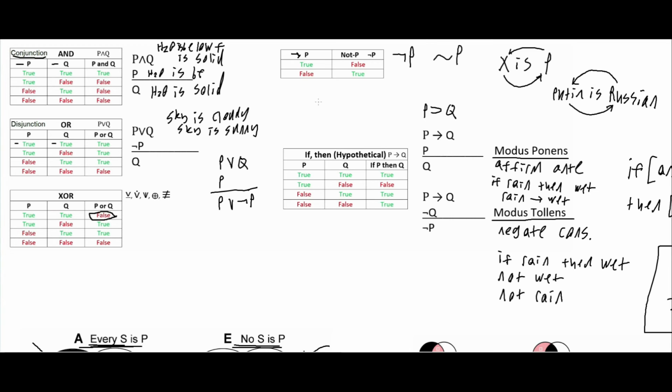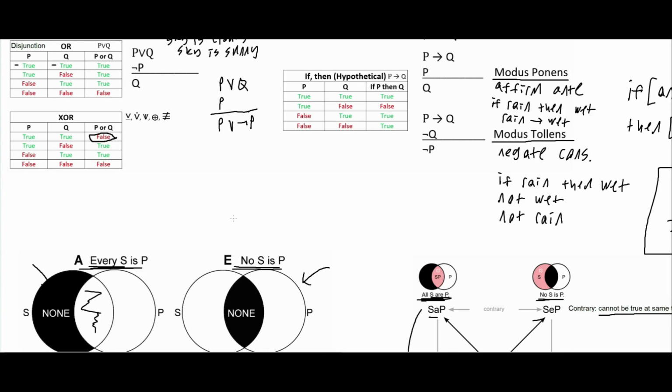propositional logic. So we looked at these truth tables with the and and the inclusive or. We looked at the negation or not symbol. We looked at these hypotheticals, which are the if-then statements, which I'll also be talking more about in the future, including things like the if and only if and stuff like that.